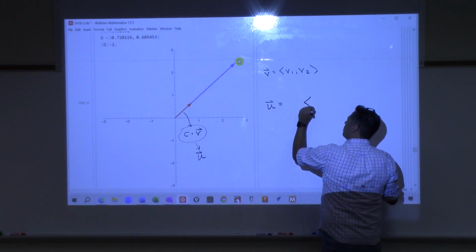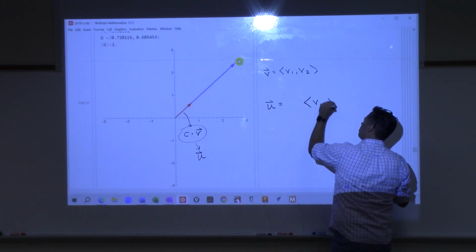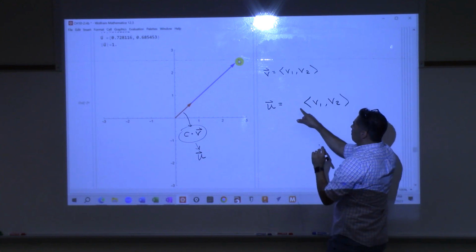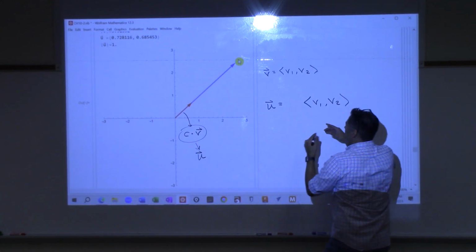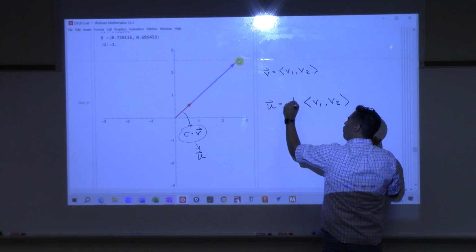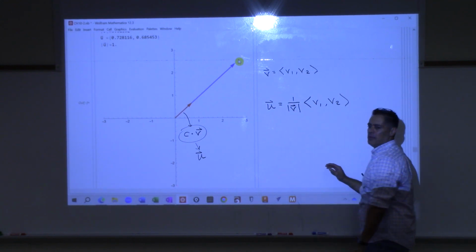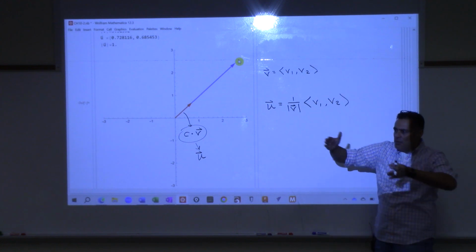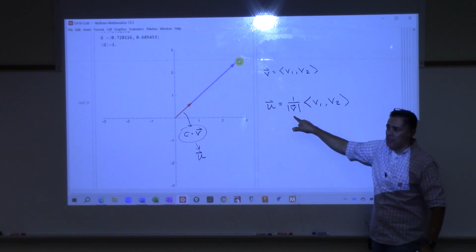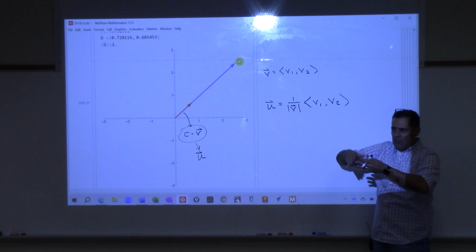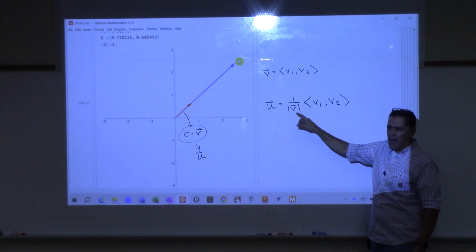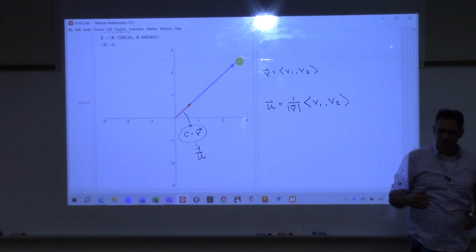I'm going to take the vector v1, v2, and multiply it in front by a number that kills off its length, so it's 1 over the magnitude of v. If the magnitude of v was 10, this would divide by 10. If the magnitude of v was 5, 1 over 5 would scale everything down. Do y'all see how that works?